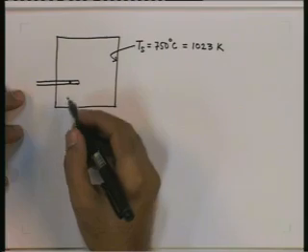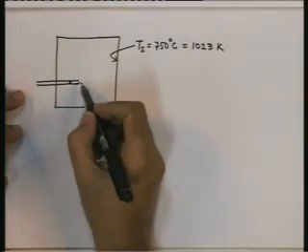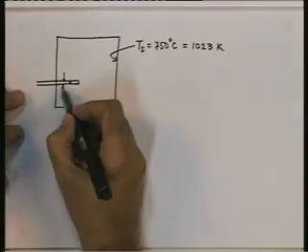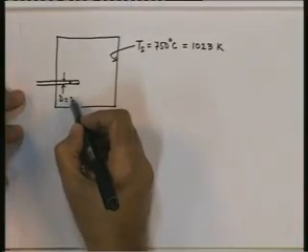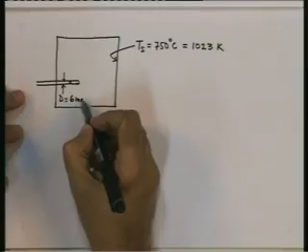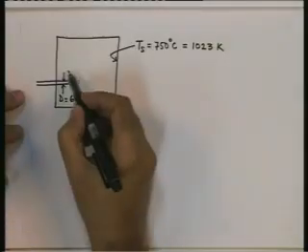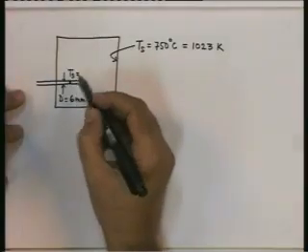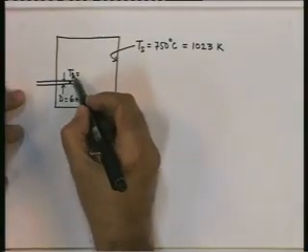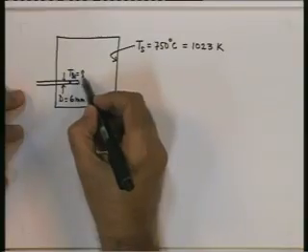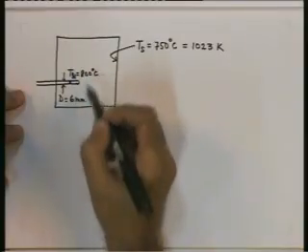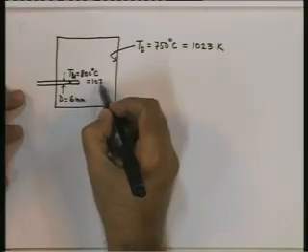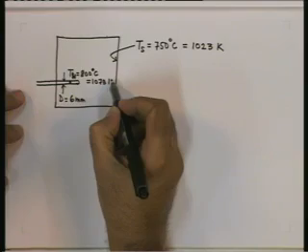This is the thermocouple bead. This is the copper tube with a diameter D of 6 mm. The surface temperature measured here is wall temperature, TW, is 800 degrees C, which is 1073 Kelvin.